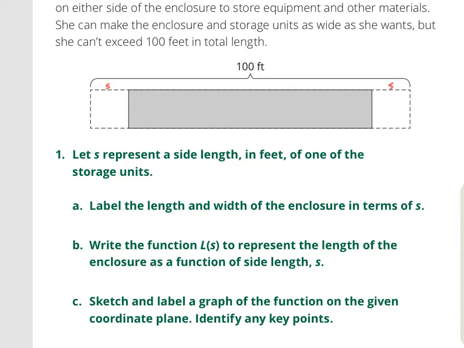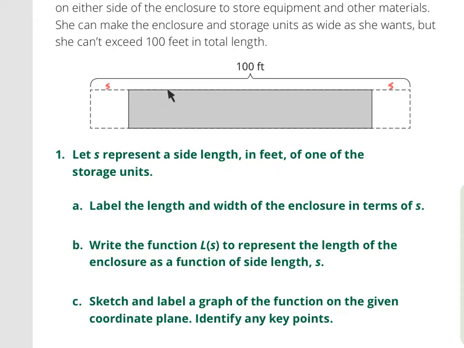All right. 1A, label the length and width of the enclosures in terms of S. Now let's do the length. The length is the total distance from here all the way to right here. So if the total distance can be 100, I want to label this line right here, the shaded region, the top part. For instance, if this is 80 feet, that would only leave 10 feet for this shed and 10 feet for this shed because I have a total of 100.